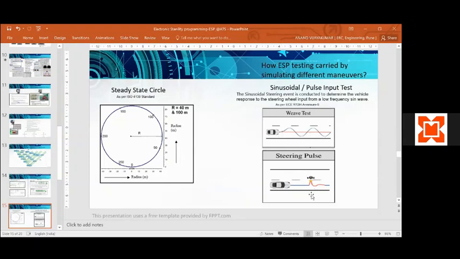Similarly, in the pulse input, a sudden jerk is applied, meaning the steering angle is changed in a particular time, to see whether the vehicle has any sort of instability.